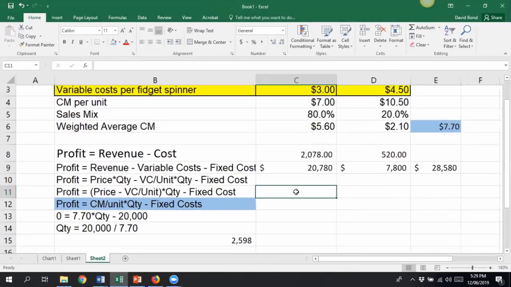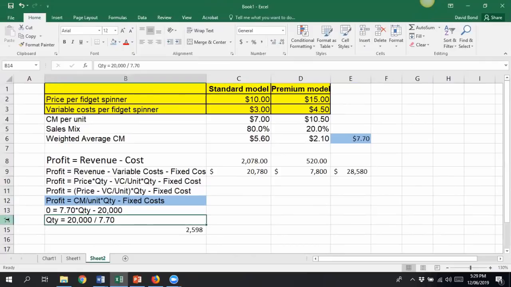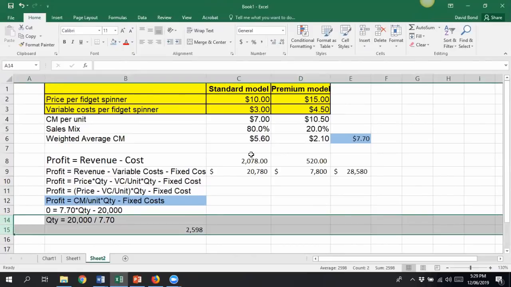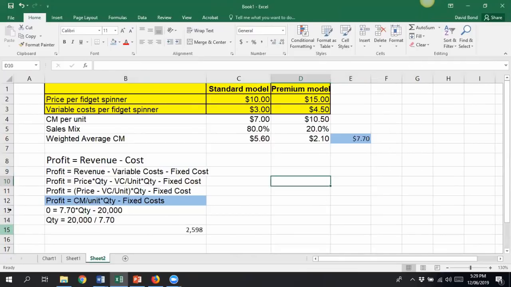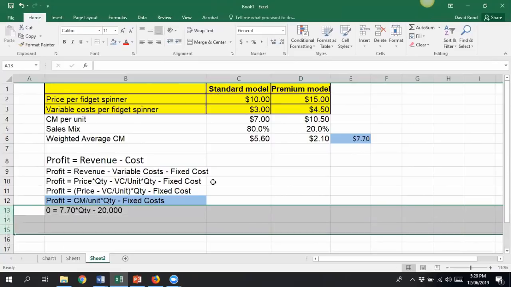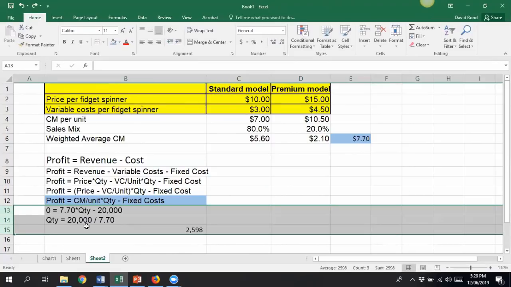All right. So if we come back to this, we'll get rid of all that stuff. Actually, I want to get rid of all of it.